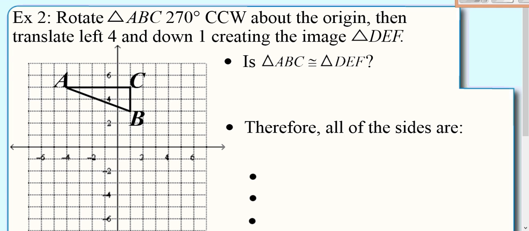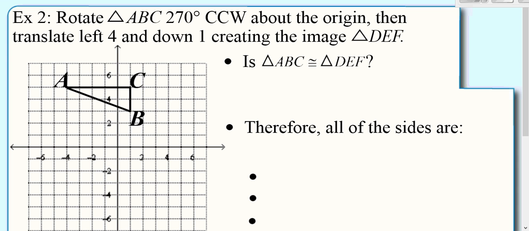This is a bit of a review from Unit 1. We're going to rotate triangle ABC 270 degrees counterclockwise about the origin. Then we're going to translate left 4 and down 1 and call that triangle DEF. First, we rotate 270 counterclockwise about the origin.